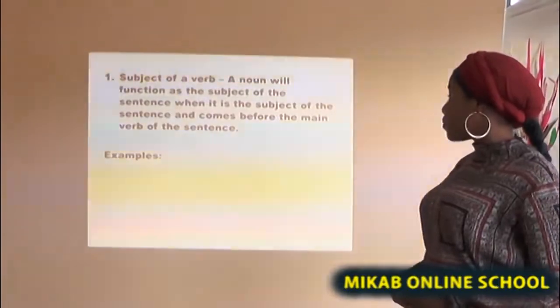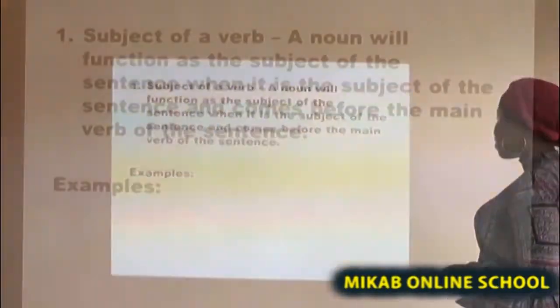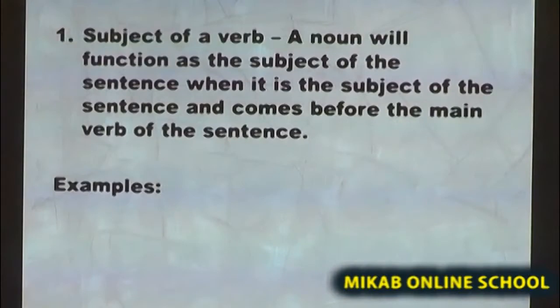Subject of a verb. A noun will function as the subject of the sentence when it is the subject of the sentence. Listen to me. A noun will function as the subject of a verb when it is the subject of that sentence. It is the subject of the sentence because it comes before a verb in a sentence.